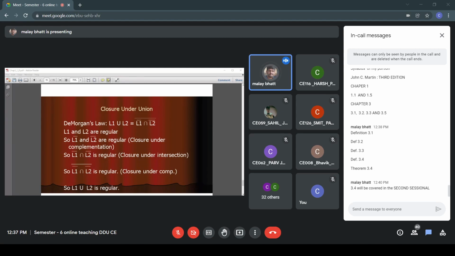Some of the topics from 3.4 we'll reuse in the second sessional. So that's why we are combining it with the second sessional. Any query from your side? And it will be a descriptive mode.